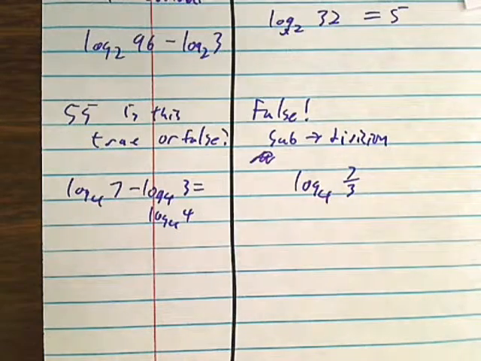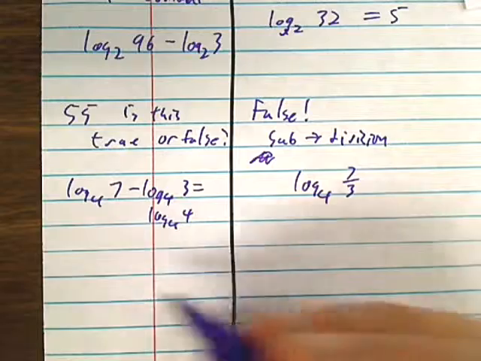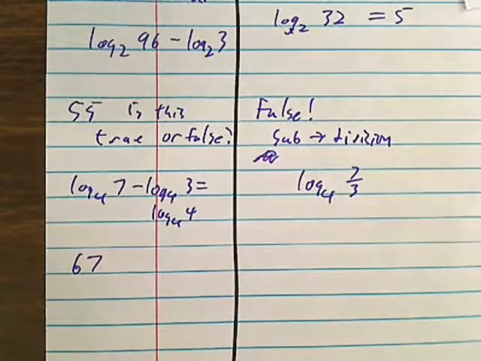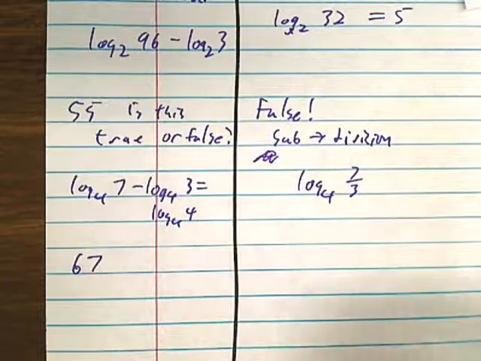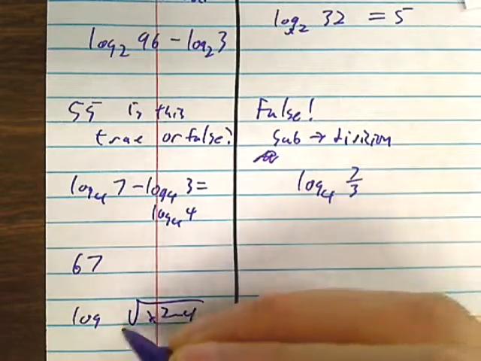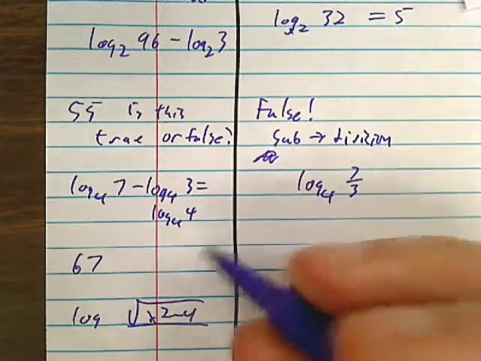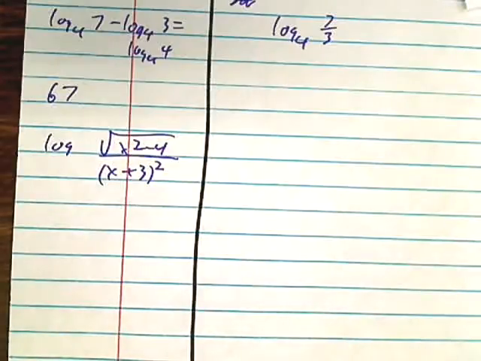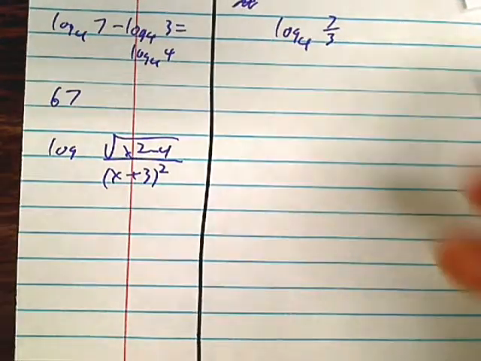Let's look at one more, number 67. Log of the square root of x squared minus 4 over x plus 3, quantity squared. Let's break this up into steps. The instructions are to expand.